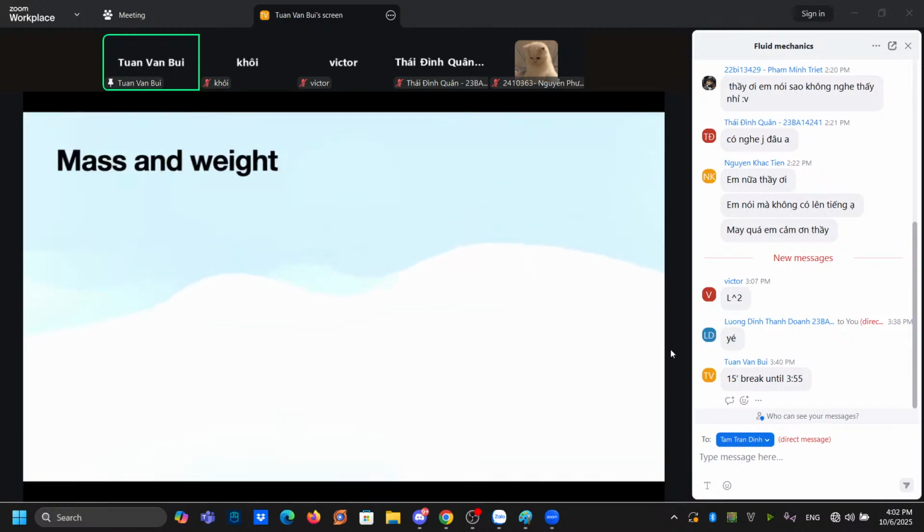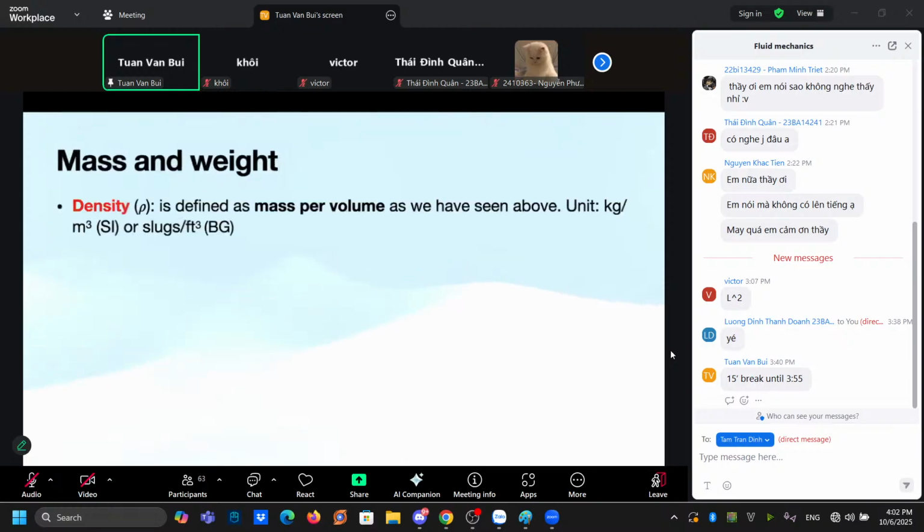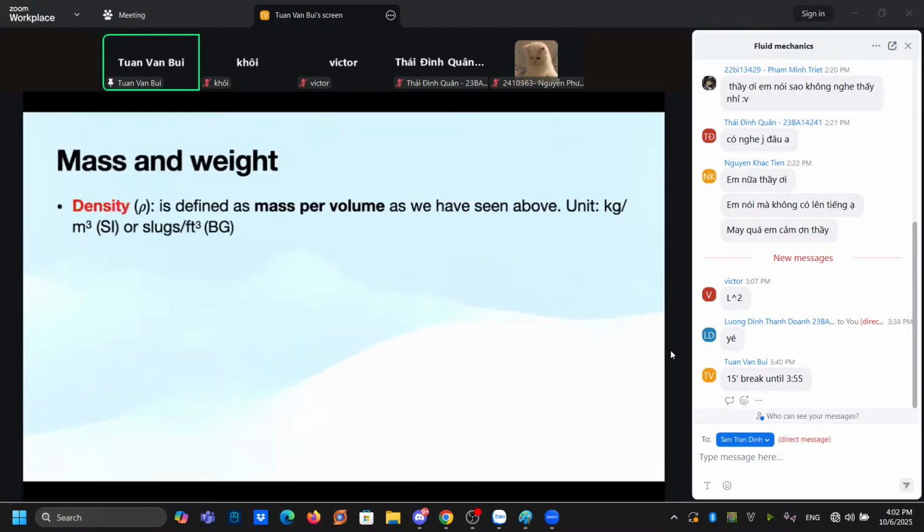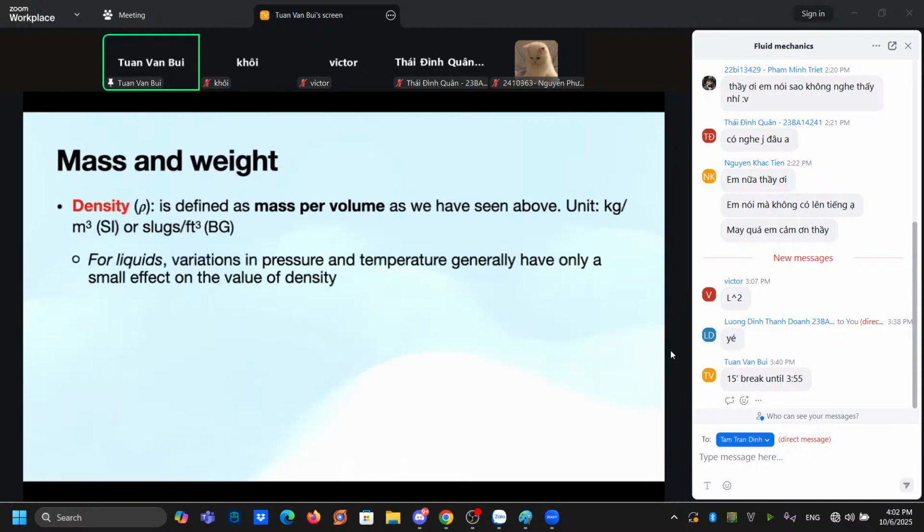So let's see with some basic equations first. We have density. Density is defined as the mass per volume. We've seen before, the unit of the density is kilogram per cubic meter in SI or slug per cubic feet in BG.